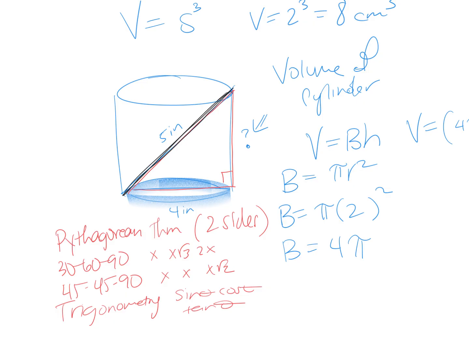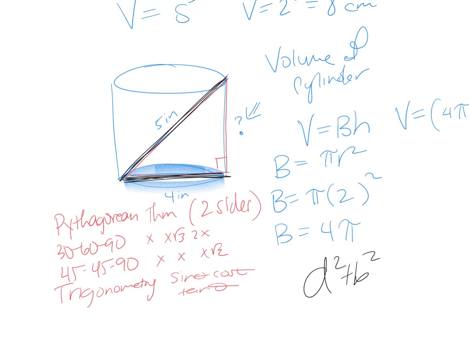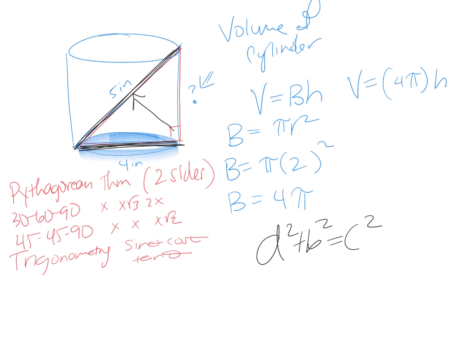The hypotenuse is 5, and one of the legs is 4. So we're going to do a squared plus b squared equals c squared. Your c is always across from the 90. That one has to be 5. Your a and b are interchangeable. It doesn't matter where you plug it in. So 4 squared plus b squared. Any questions so far?